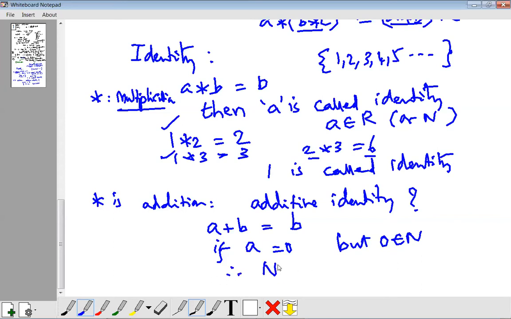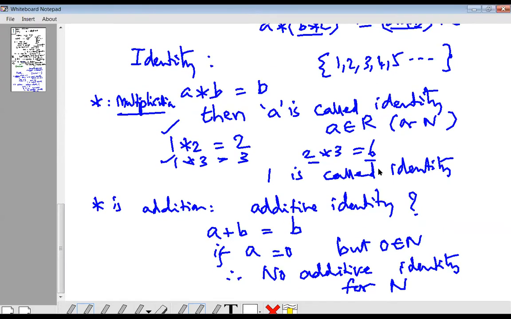Therefore, no additive identity for natural numbers over addition. For natural numbers, a multiplicative identity exists.